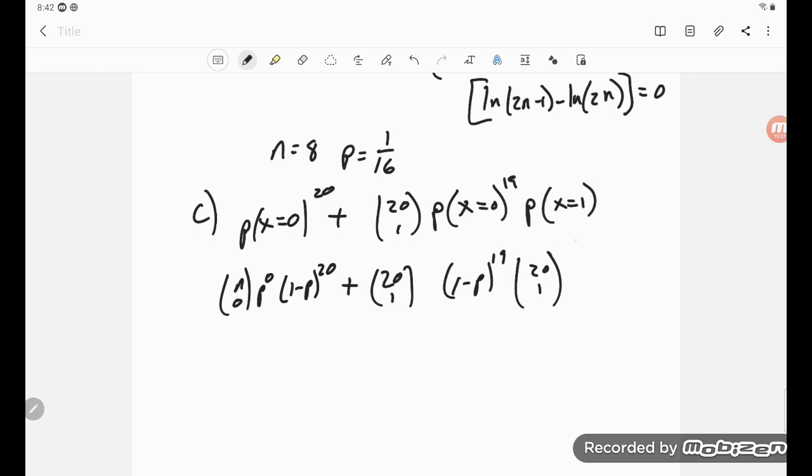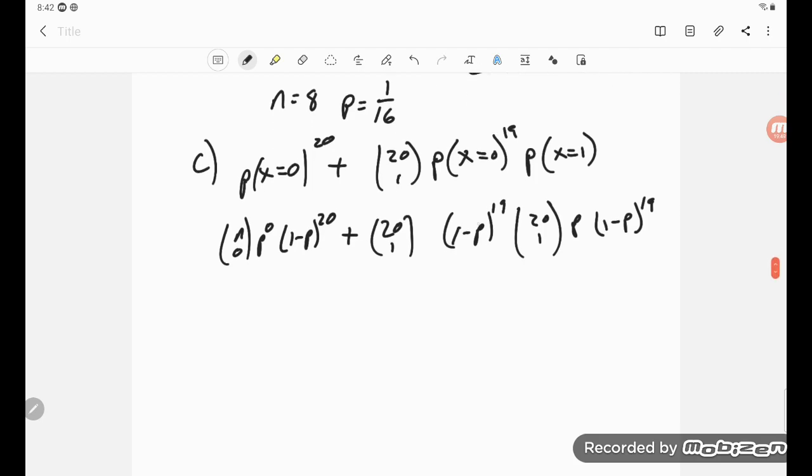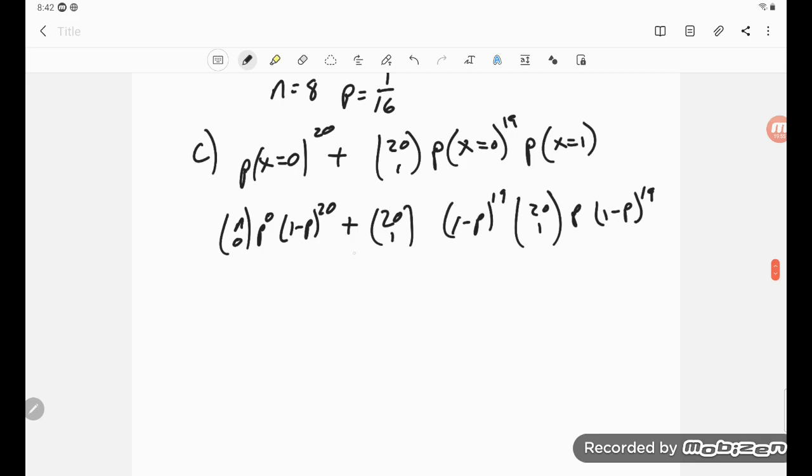That's interesting. And then it'll be p, and then 1 minus p to the 19th. So actually, that's probably worth checking out. I hadn't tried that, but let's see.